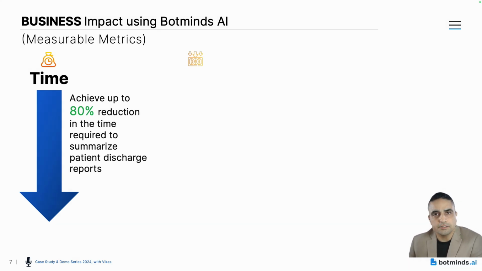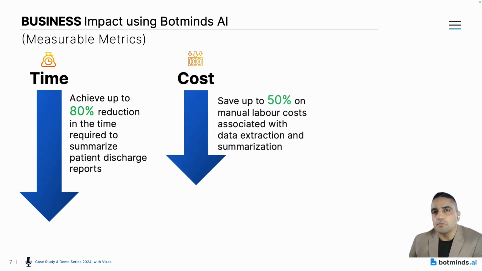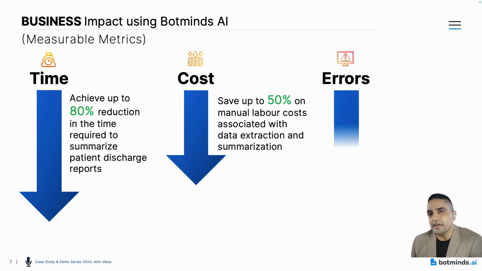The second is cost. Because you'll be using the automated Botminds AI platform, you do not require that much time or effort from a summarization perspective. So you can look at an estimated 50% reduction in the overall summarization expense that you have from a human review perspective. And the third is errors.